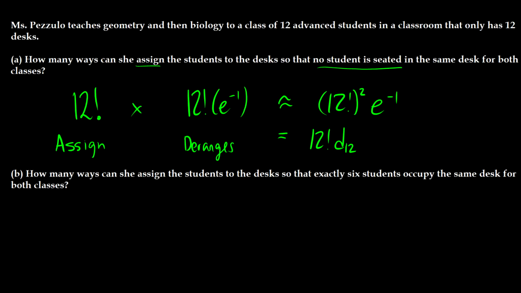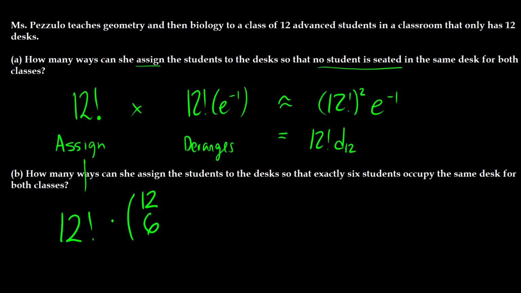But what if we say how many ways can she assign the students to the desks so that exactly 6 students occupy the same desk for both classes? Okay, this is a little bit more challenging because we assign, this is the same thing, but now we want 6 students to sit in the same desk.